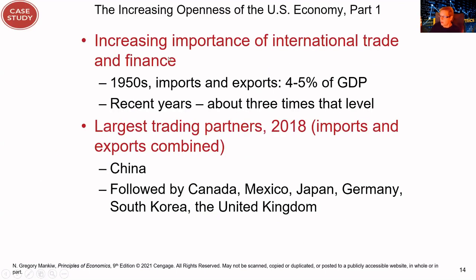Okay, so over time, this is what I want to put here. Over time, not currently, because currently this is actually wrong, the U.S. has increased international trade. Again, our largest trading partners you saw on the graphics.